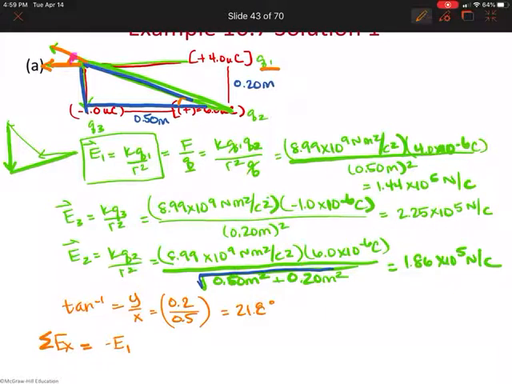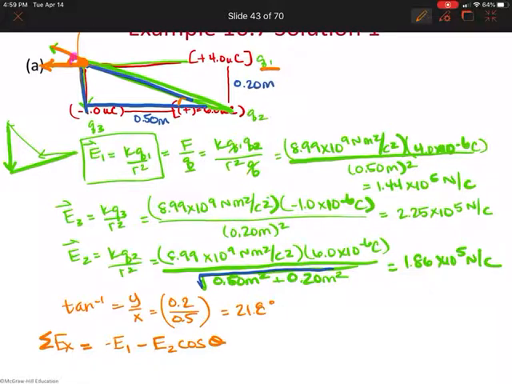As far as cosine or sine, what would I do there? Well, this is like the origin, and this is like your x-axis. So that angle is adjacent to the x-axis, so it's cosine. So it's minus E2 cosine theta. Why is it minus?